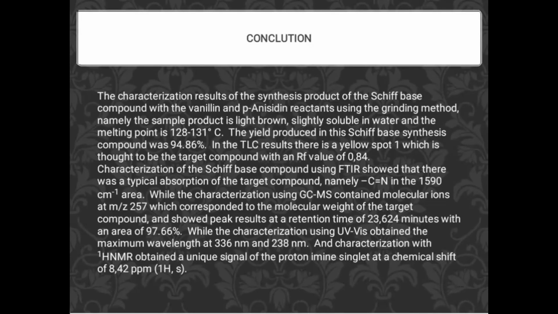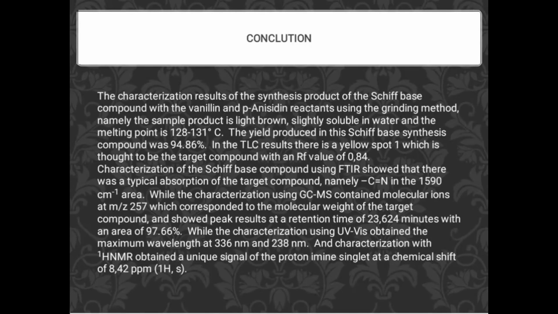Characterization of the Schiff base compound using FTIR shows that there was a typical absorption of the target compound, namely C double bond N, in the 1590 cm to the power of -1 area, while the characterization using GCMS contains a molecular ion at m/z 257, which corresponds to the molecular weight of the target compound, and a peak at a retention time of 23.624 minutes with an area of 97.66%.